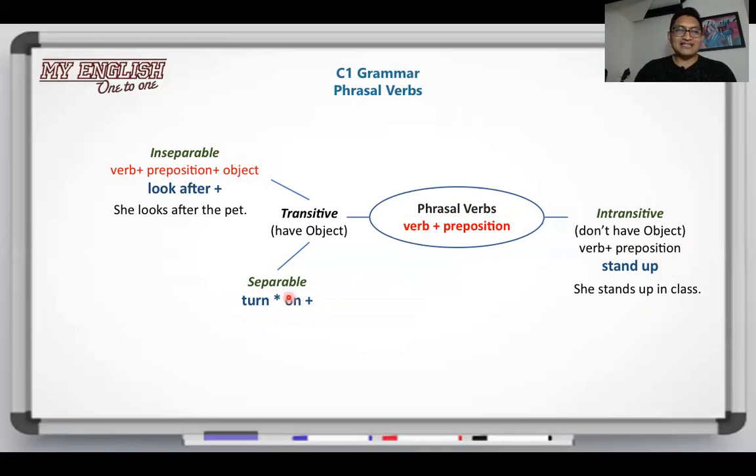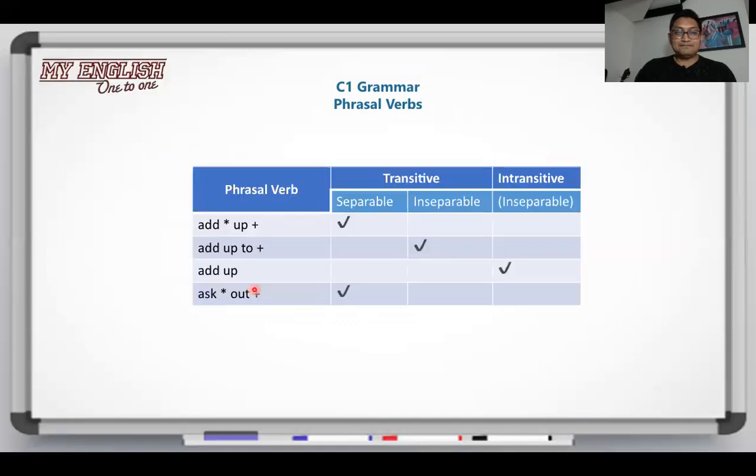Sometimes you will have an asterisk and no plus symbol. Well, anyway, that is also a separable transitive phrasal verb. Let's practice how to detect this.